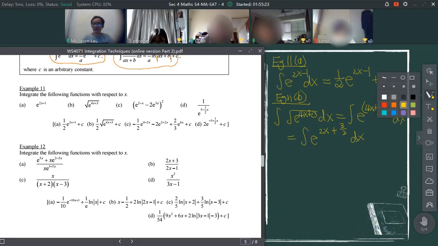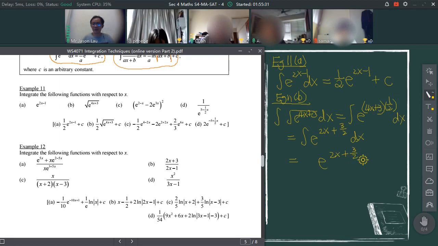Then we just copy back the term. Differentiate the power, it is 2, so you halve it. Not so difficult, huh? So we're done with these two. Part C.